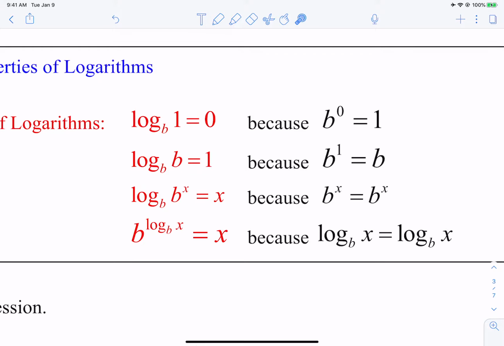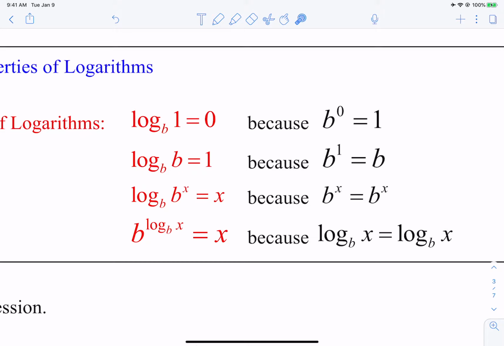And here, this is kind of a hard one to wrap your head around. What power do you put on a b to get x? Is the answer to this. That's the power. And then you put that power on a b, so guess what you get? You get x. Now, do you have to know that? Not really.